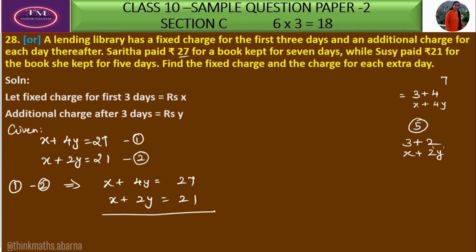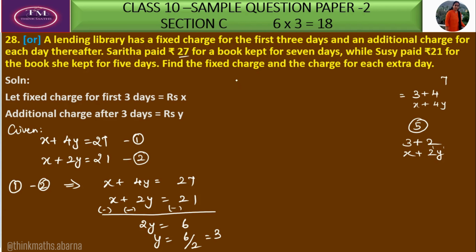As we are subtracting, the signs in the second equation will change. All are positive, so all will become negative. So x minus x gets cancelled. 4y minus 2y is 2y, and 27 minus 21 is 6. So y will be equal to 6 divided by 2, which is 3.